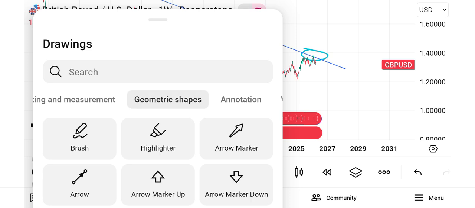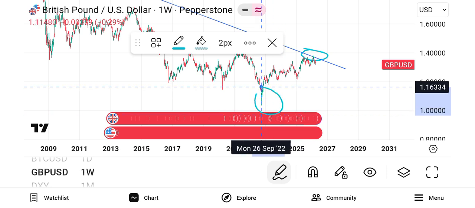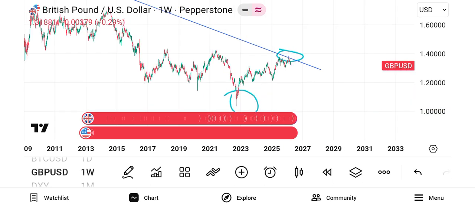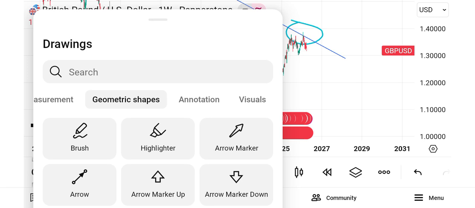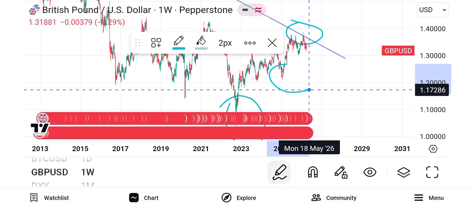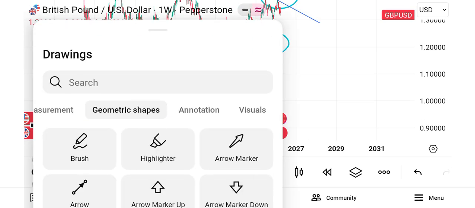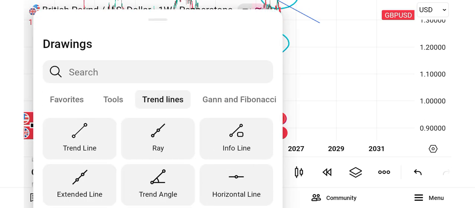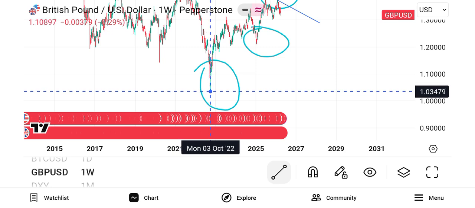So for an uptrend, we have this trough, call it a trough, and you have a trough here again. So what you just do is go to your trend line tool, pick it, and connect the prices.